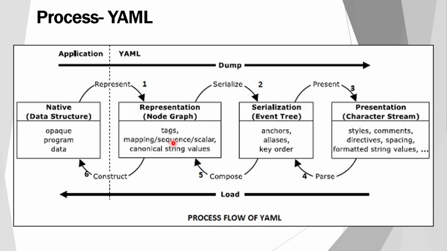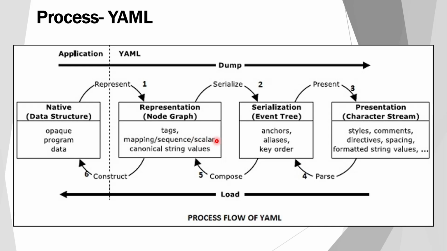Mapping is like a key value pair, how you define a key value pair. And scalar basically represents a standard value of string, integer, dates, and atomic data types. Note that YML also includes nodes which specify the data type structure.